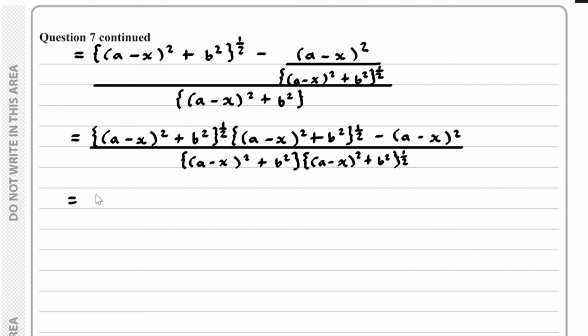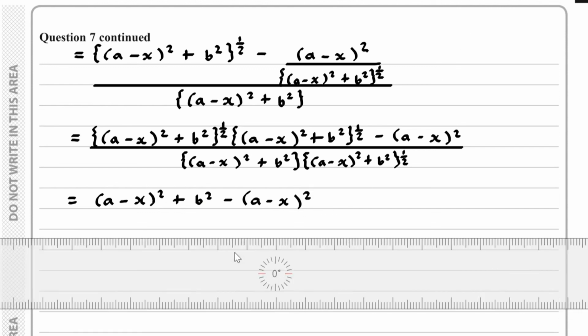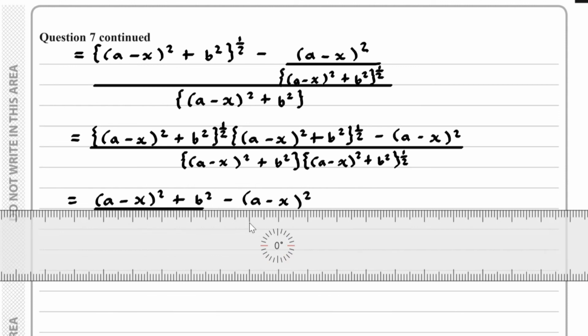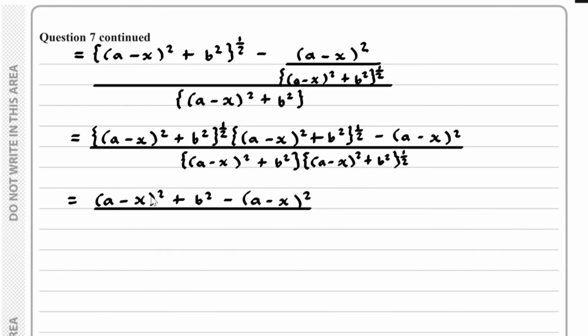So we've got a minus x squared plus b squared, and then we subtract a minus x squared, and then I'm going to divide this by (a minus x squared plus b squared) to the 3/2.